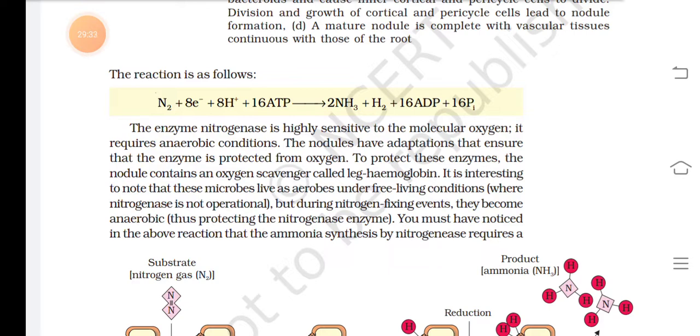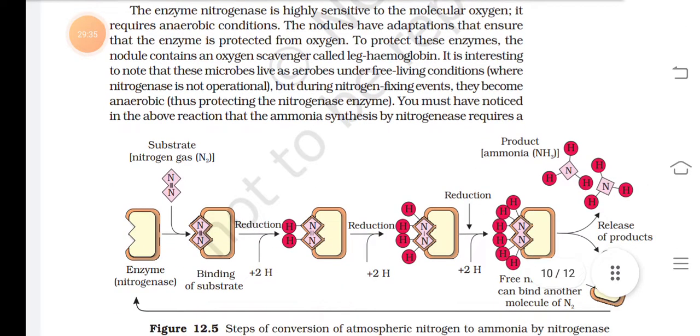It is interesting to note that these microbes live as aerobes under free living condition where nitrogenase is not operational, but during nitrogen fixing events they become anaerobic, thus protecting the nitrogenase enzyme.